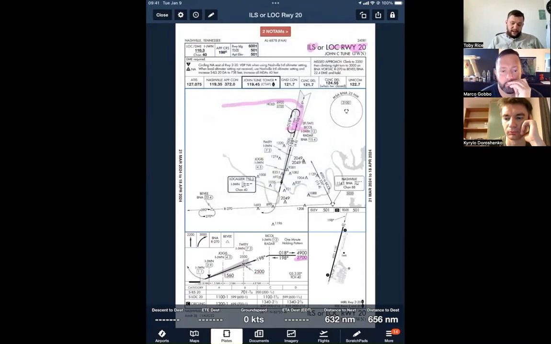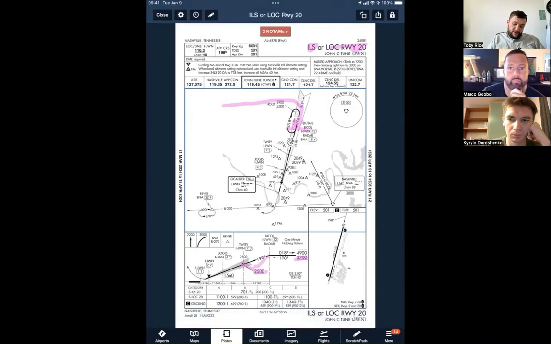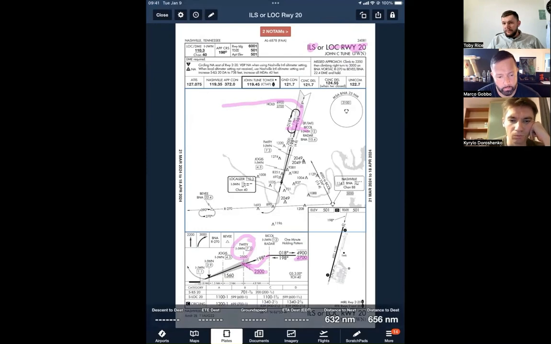So I stayed level, and then I began descending down to 2500. So I said, well, whatever. I descended to 2500 and leveled off there. And I stayed at Twitty. By the time I got to Twitty, I realized my glide slope is not working.